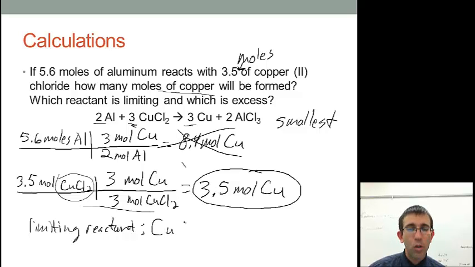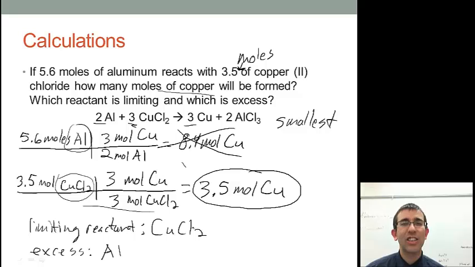So the copper chloride is called the limiting reactant. The excess must be my other reactant, so whatever gave you the biggest number, or the other one, will be your excess reactant. That's the one we had plenty of, and that's aluminum. Okay? I know that was a lot to take in. I'm going to do another one.